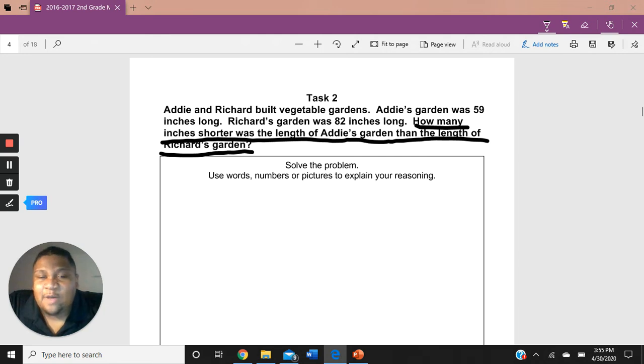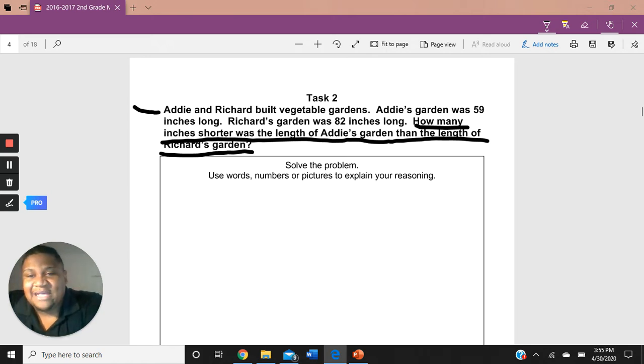All right, so let's go back to the information part of our word problem. So Addie and Richard built a vegetable garden. So we know that Addie and Richard, they had a garden and they were trying to put vegetables in it. So Addie's garden was 59 inches long.